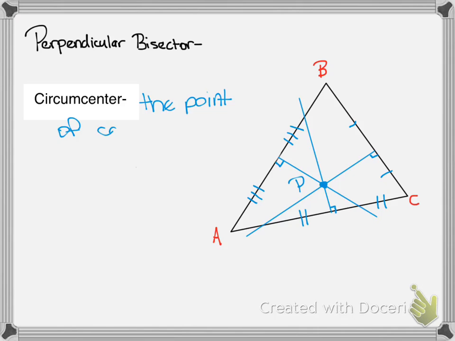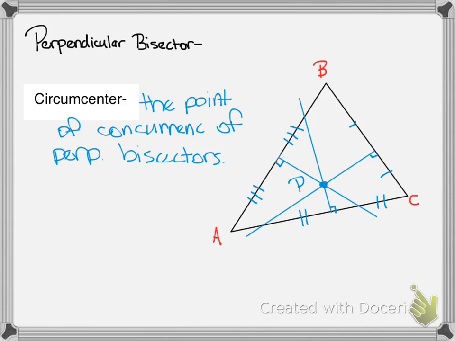So it's the point where all three perpendicular bisectors in that triangle meet. The kind of neat thing about that circumcenter is it actually circumscribes the triangle inside of a circle. That's why it's called circumcenter.